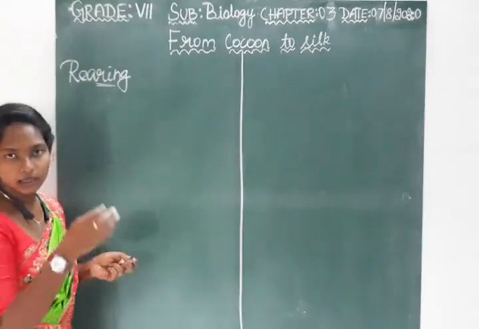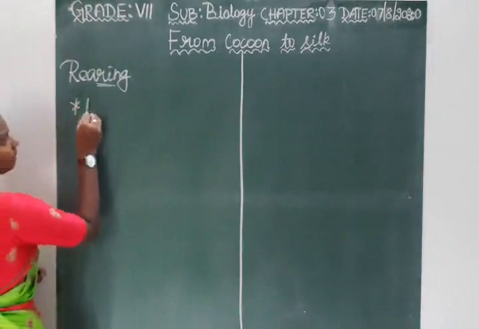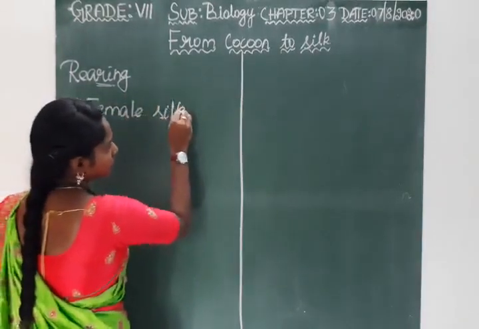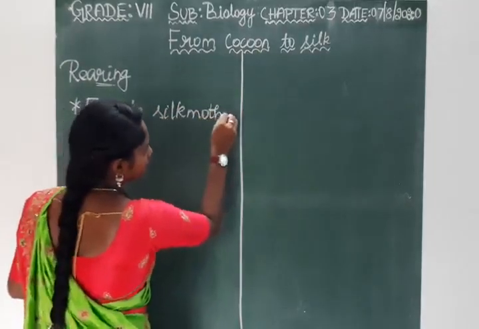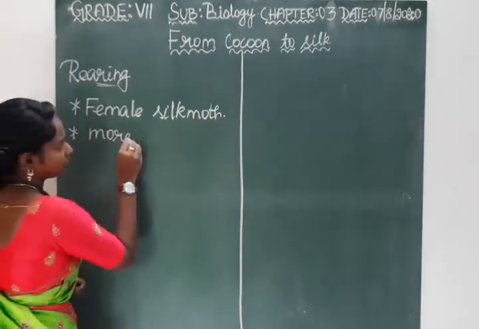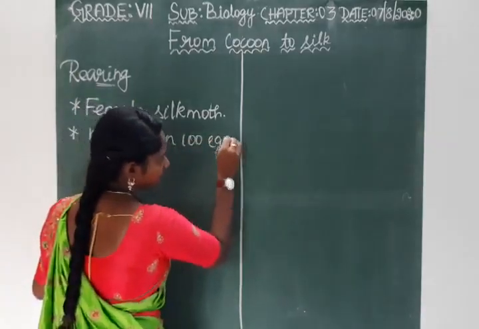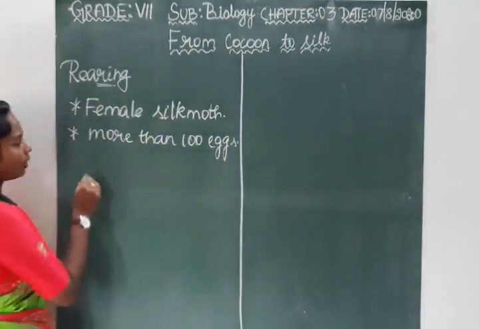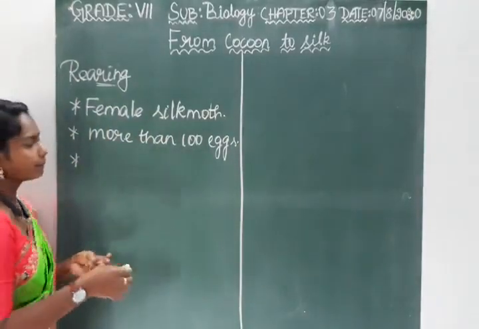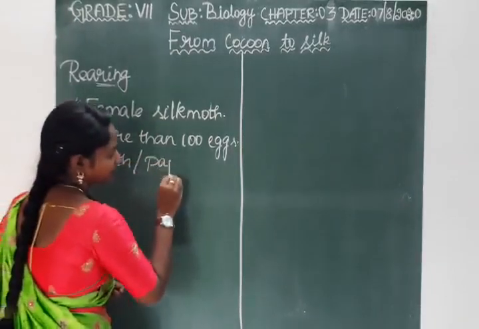As you know, the female silk moth lays more than 100 eggs, and these eggs are collected on a piece of paper or cloth.